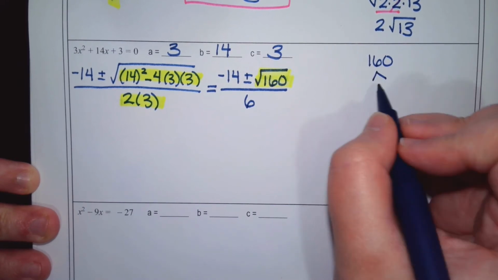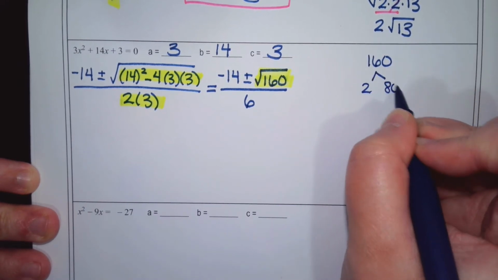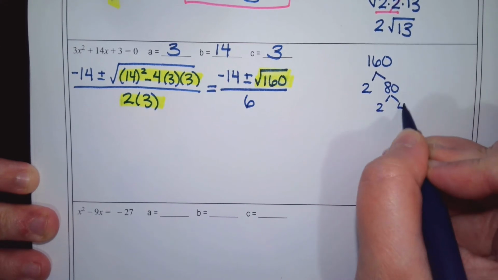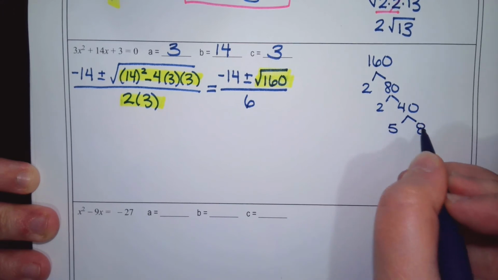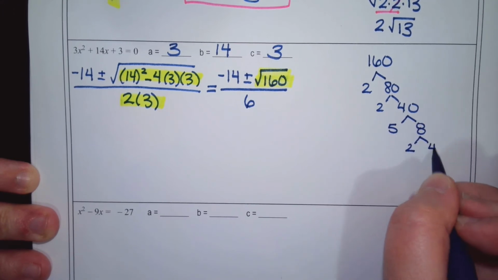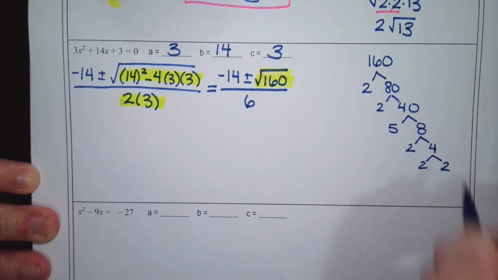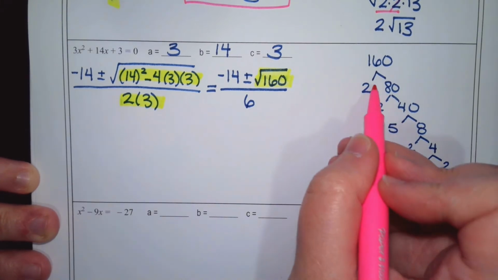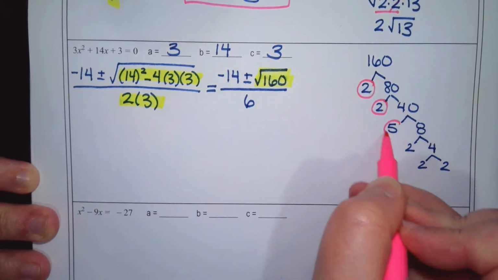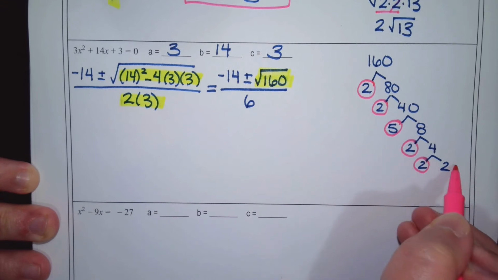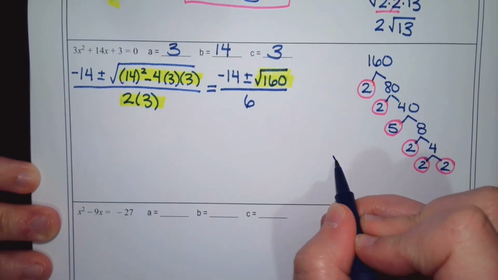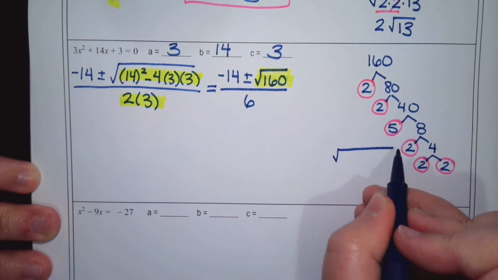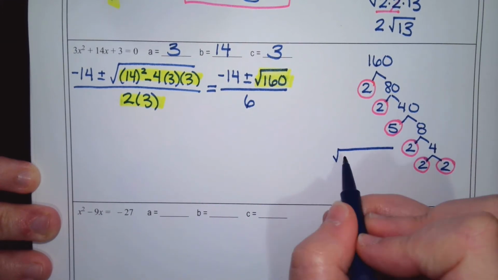So we get 2 and 80, 2 and 40, 5 and 8, 2 and 4, 2 and 2. So we're going to circle all our primes. And then we're going to simplify. 1, 2, 3, 4, 5. Yep, 5 2s.